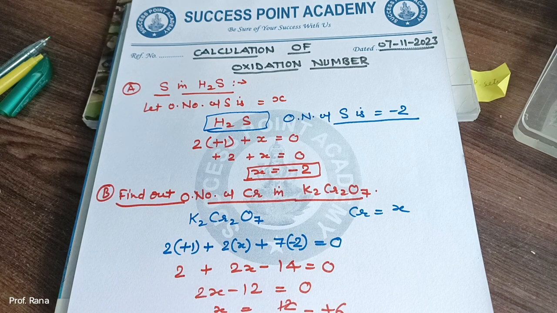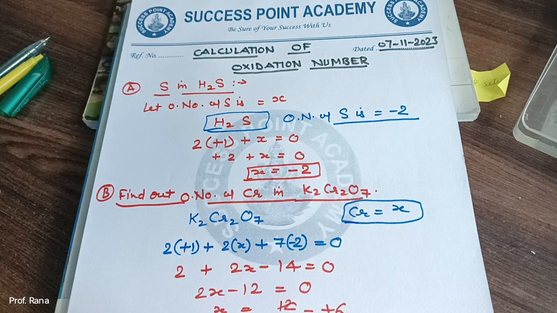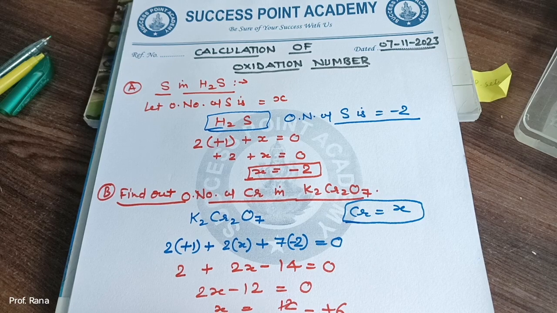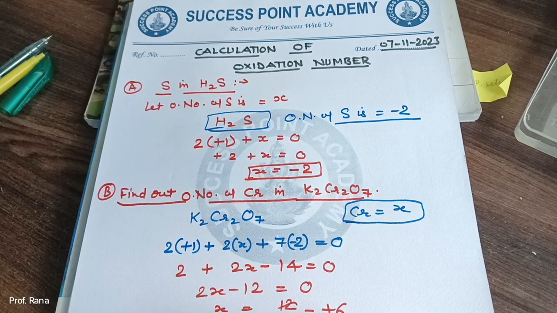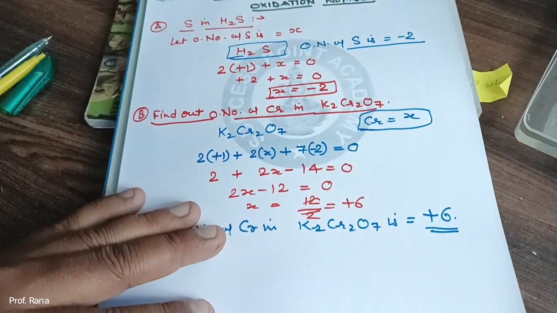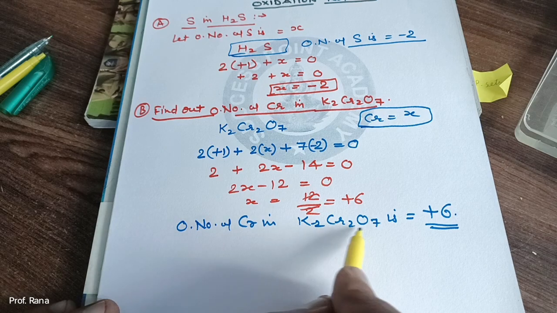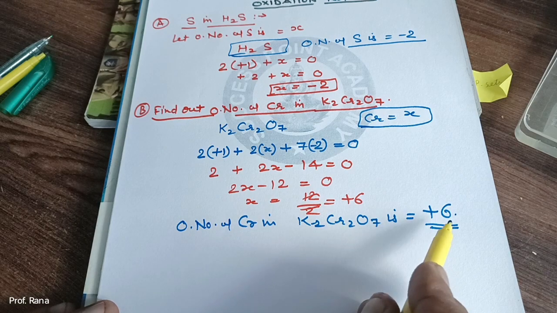So oxidation number of chromium in K2Cr2O7 is +6.